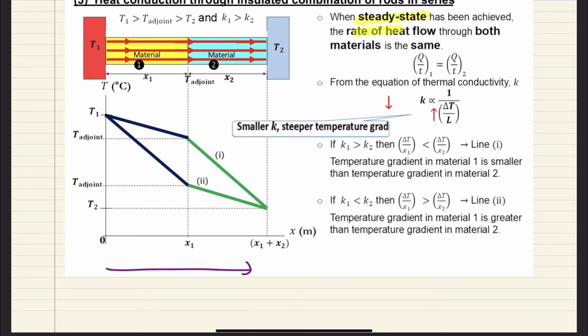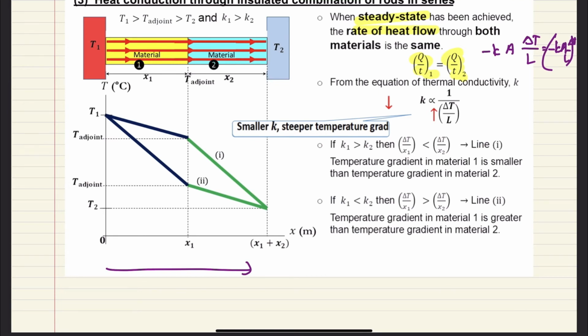So like I told you before, Q/t for material 1 is equal to Q/t for material 2. So from there, I can substitute that KA delta T over L equals negative KA delta T over L, right? So this is a constant value, right? Because this is equal.